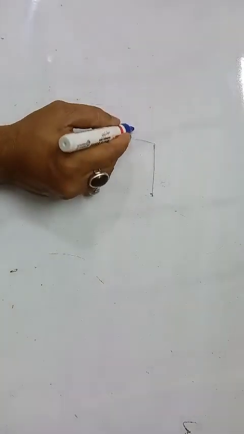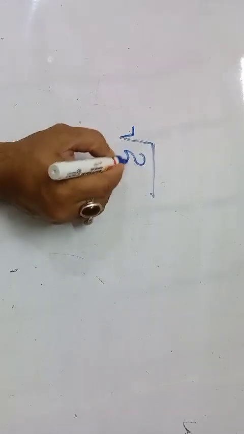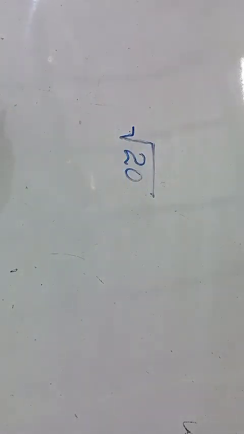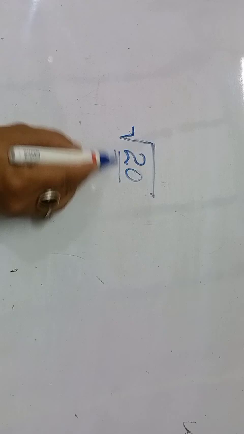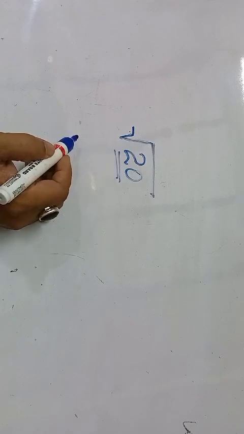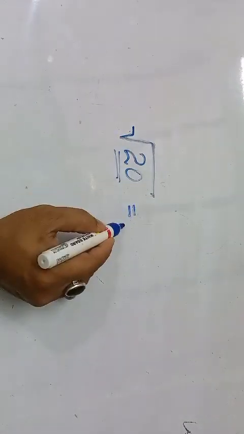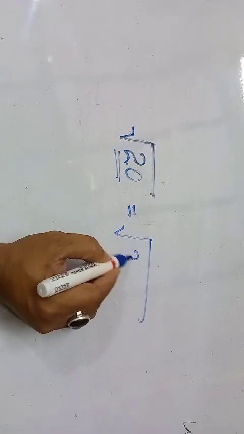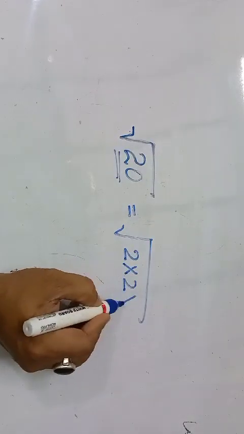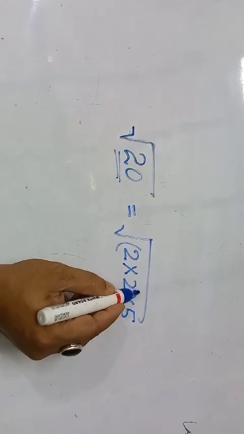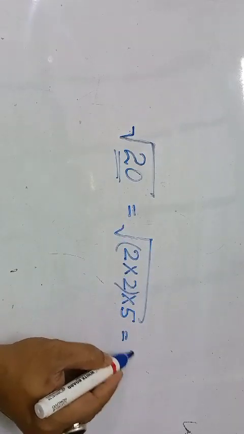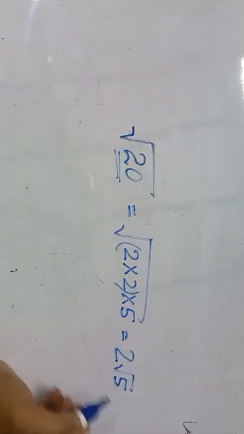If you have root 20 to be plotted on the real number line, is 20 an exact square? No, 20 is not an exact square. Even if you find the prime factors, it will be 2 into 2 into 5. Although the 2s can be paired and a 2 can come out, it will still remain 2 root 5.